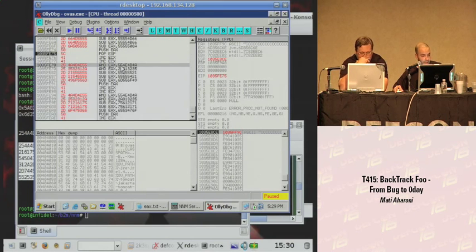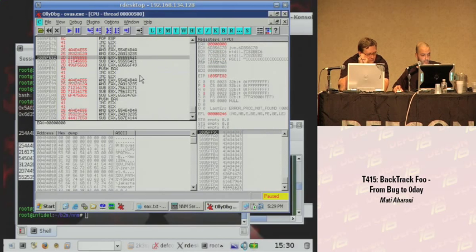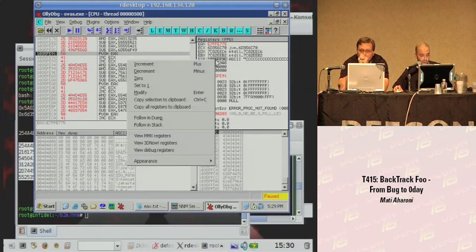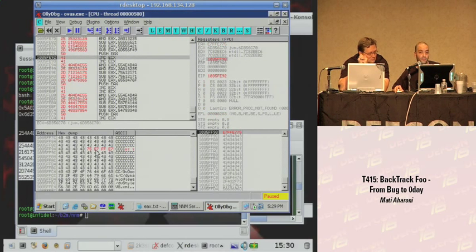All right, so again, the first two lines zero out EAX. These are the last 4 bytes of our Egg Hunter shellcode. We push these onto the stack, and there you have them.